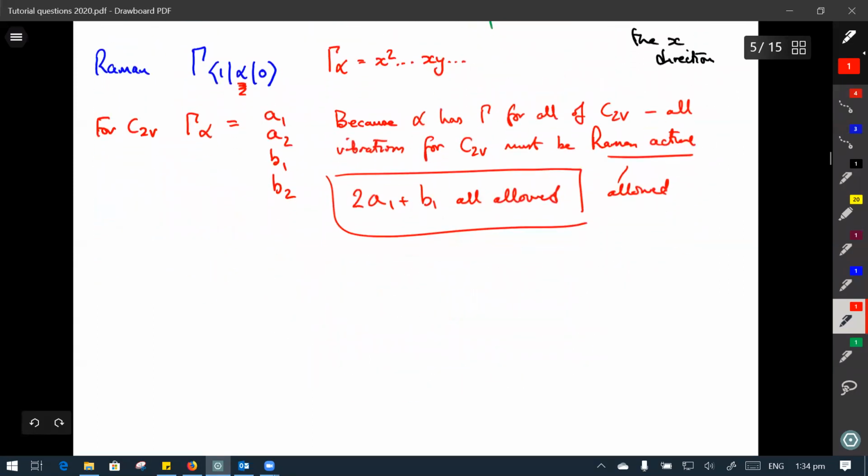Let me just show it to you for one of them. Let's just do it for the B1 mode, just to give an example. For the B1 mode, I'll do the color coding again. It's quite helpful, I think.